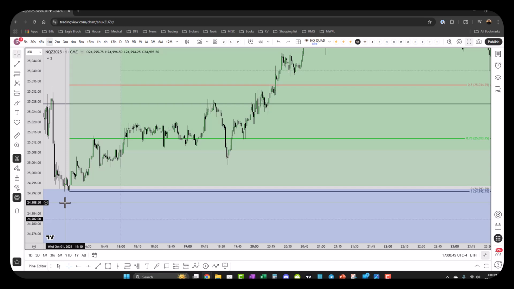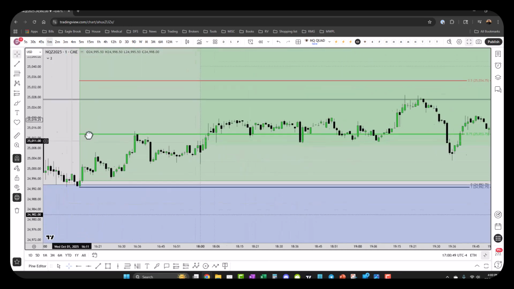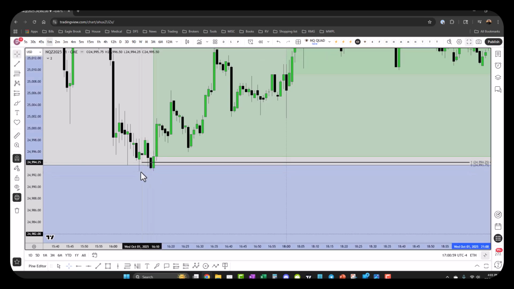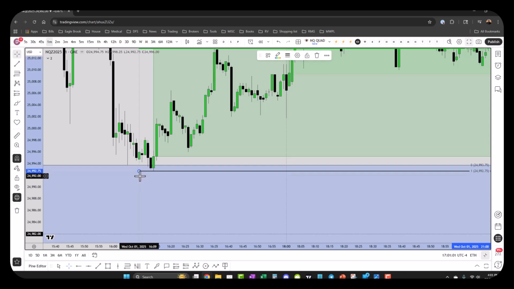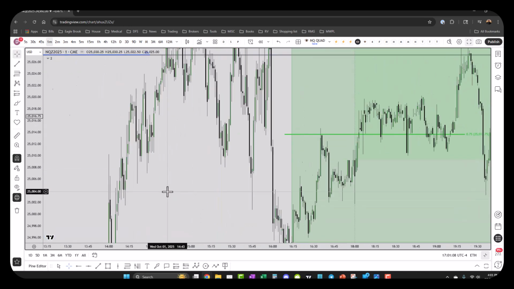Not that the exact time matters. Let's see the low here. 24,992.75, 992.75. So equal lows. That's why I was originally right there, because that was just the first one at 16:09 on a 1 minute chart.